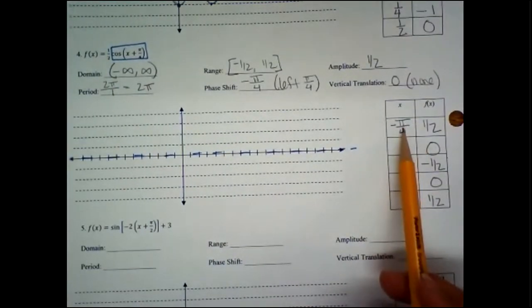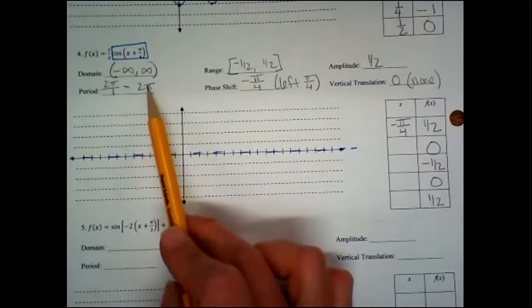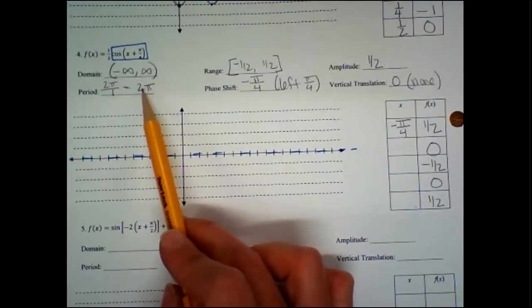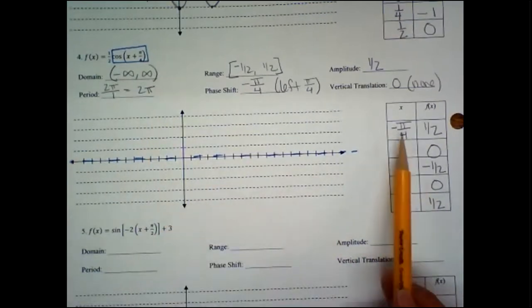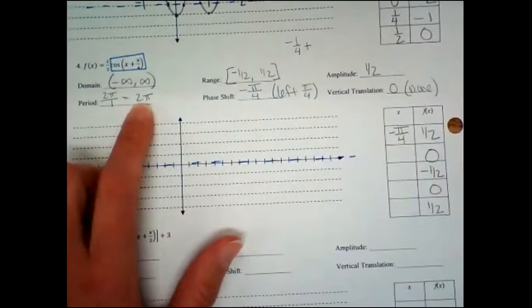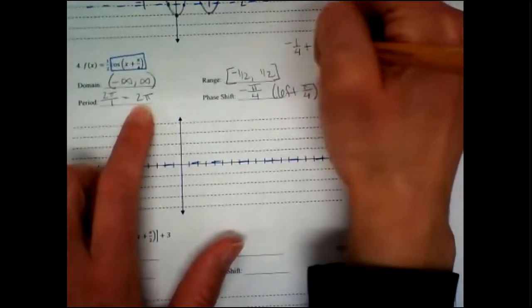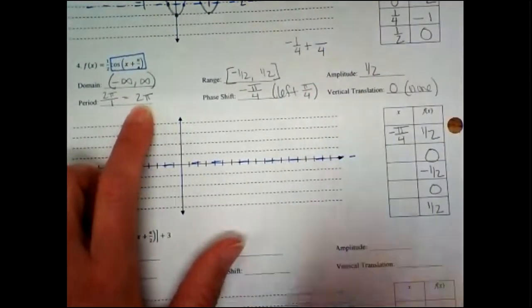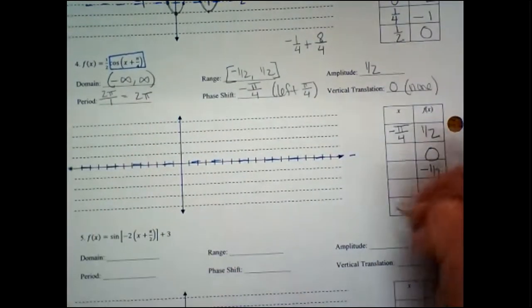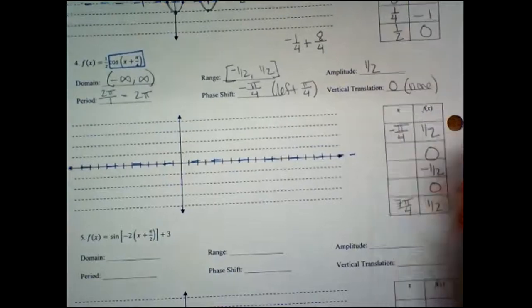You have to take -pi over 4 plus 2 pi. My suggestion is leave off the pi. It always throws everybody off, okay? We're doing -1/4 plus 2. So how many fourths is 2? 8, good. So that would be 7/4. So 7 pi over 4.